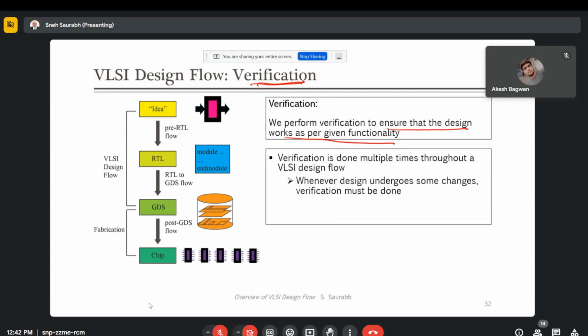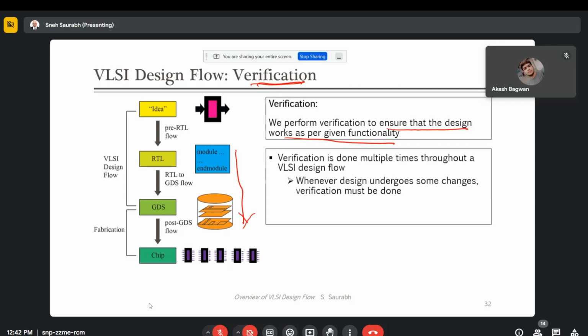So we need to carry out verification tasks multiple times in the design flow. Why? Because if the verification tool says that there is some problem in our design, we should fix it right at that point. We shouldn't move ahead in the design flow if there are any problems.